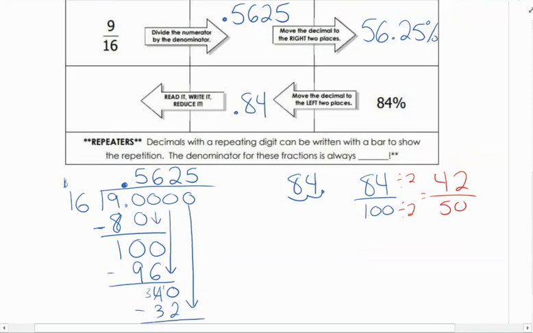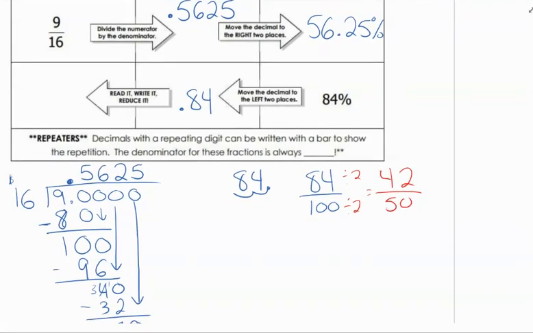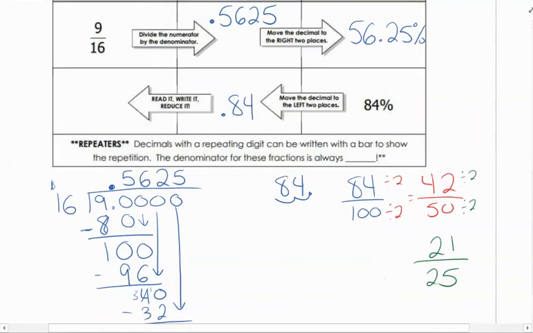That gives me 42 50ths. 42 and 50 are both even, so I'm going to divide by 2 again. And 42 divided by 2, 4 divided by 2 is 2. 2 divided by 2 is 1. 50 divided by 2 is 25. 21 and 25 do not share a common factor, so my reduced fraction would be 21 over 25.